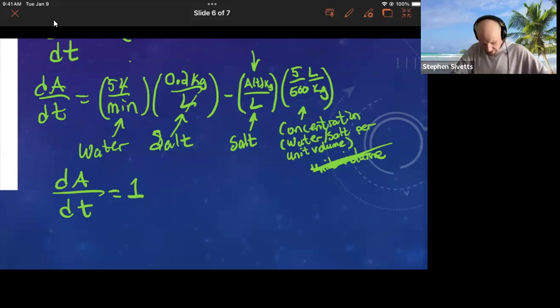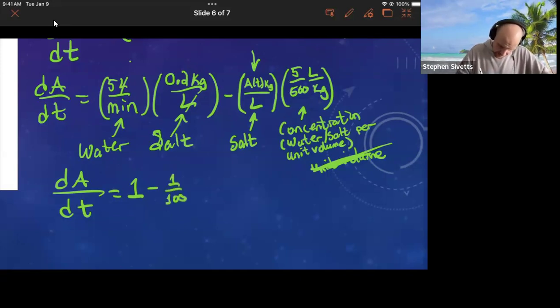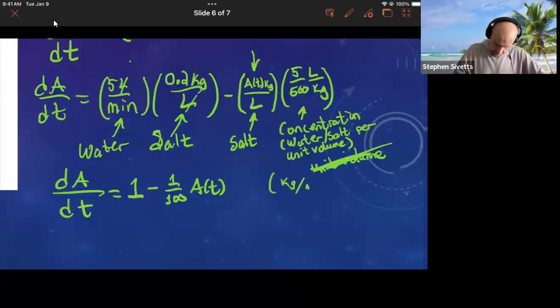So kilograms per minute. So we'll have minus 1 over 100 times A of t. Okay, and the units here is just kilograms per minute. Right? You should have kilograms per minute in dA/dt.